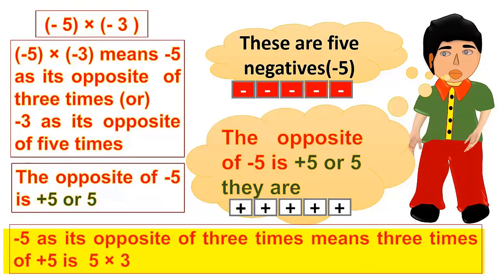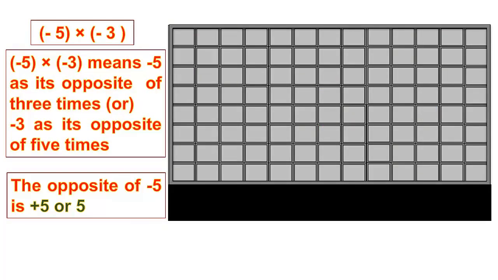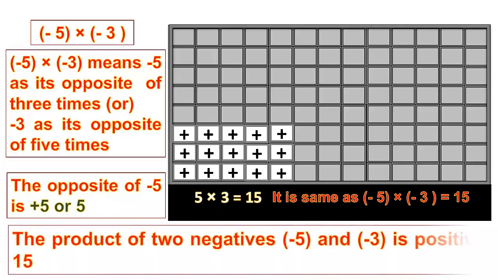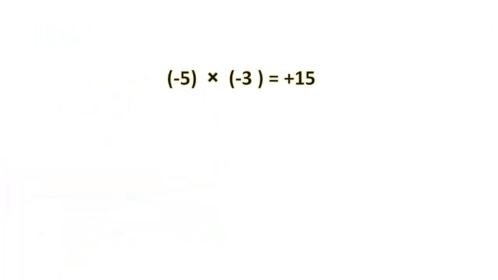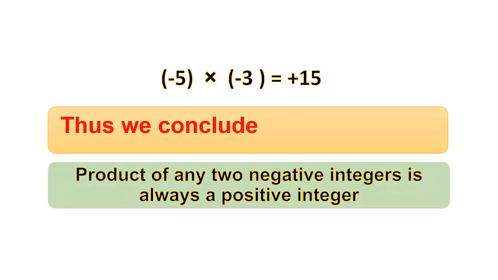Minus 5 as the opposite of 3 times means 3 times of plus 5, that is, 5 into 3. So as we see, 5 positive symbols are arranged, 5 in a row for 3 rows, so we get 15. It is the same as minus 5 into minus 3 is equal to 15. Thus we conclude the product of any two negative integers is always a positive integer.